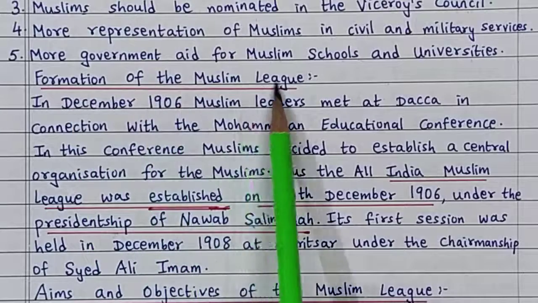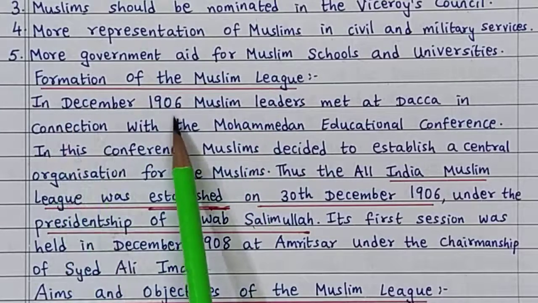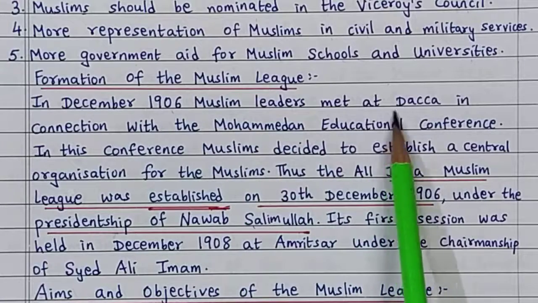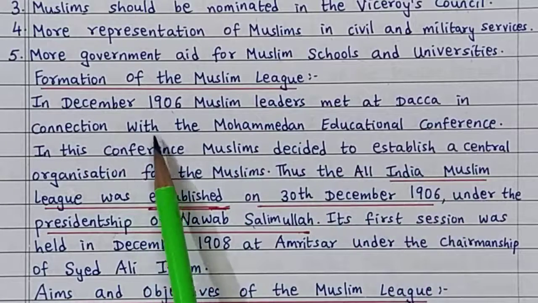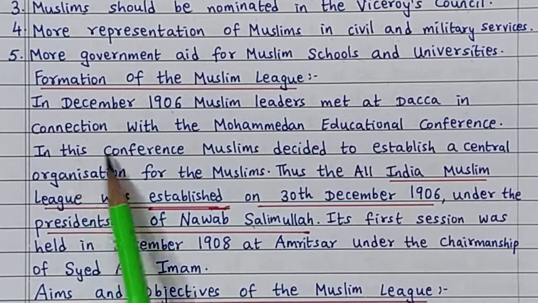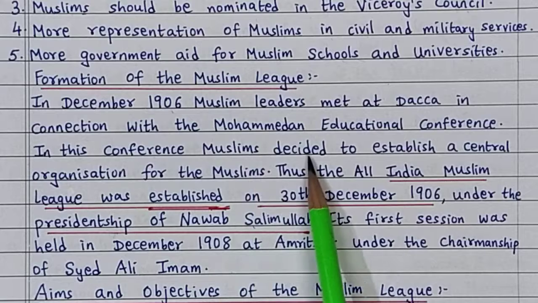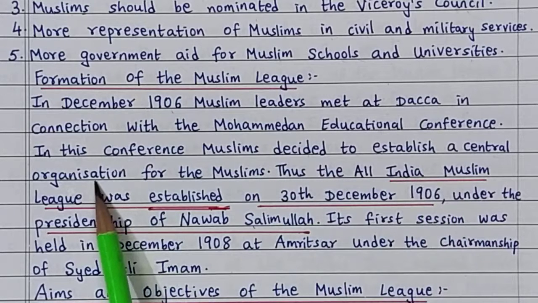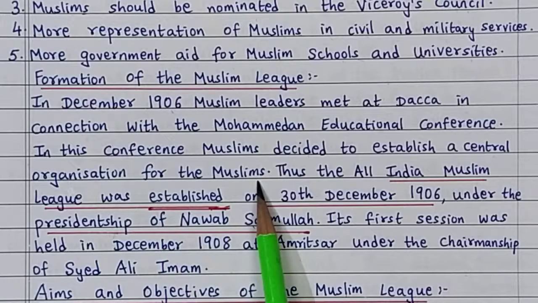Formation of the Muslim League. In December 1906, Muslim leaders met at Dhaka in connection with the Mohammedan Education Conference. In this conference, Muslims decided to establish a central organization for the Muslims.